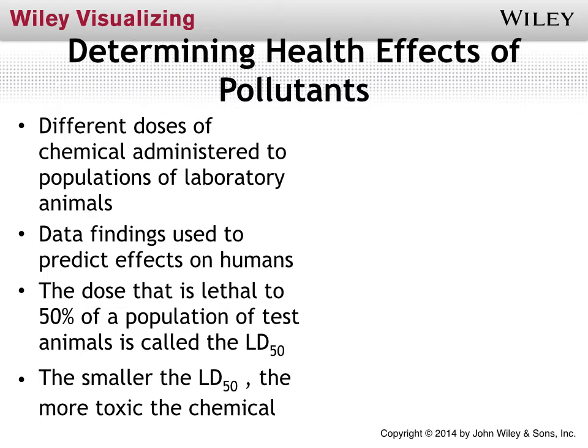These organisms are administered different doses of a chemical in a controlled laboratory setting, and then they're monitored over time, and that data is used to predict the effect on humans.